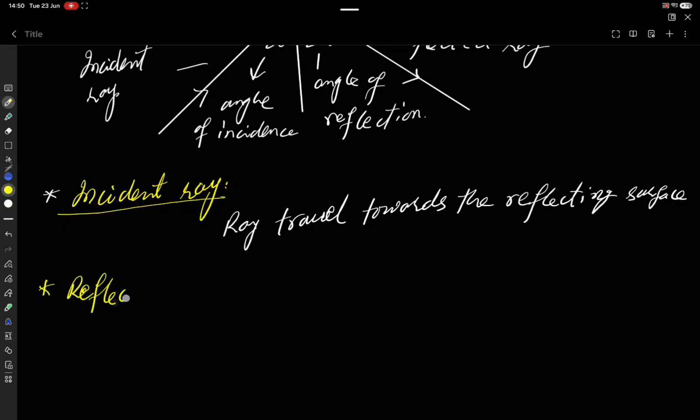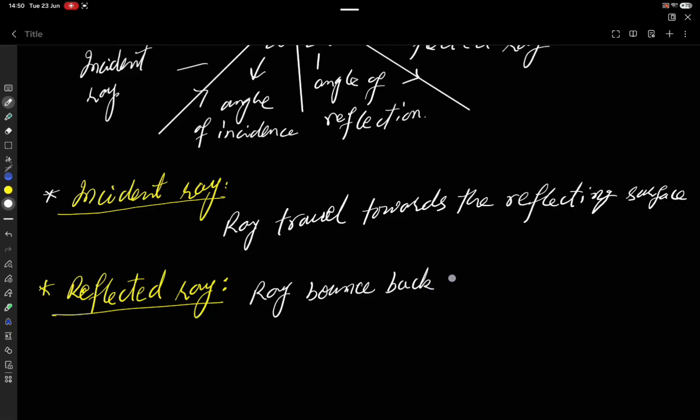Reflected ray: ray that bounces back from the reflecting surface.